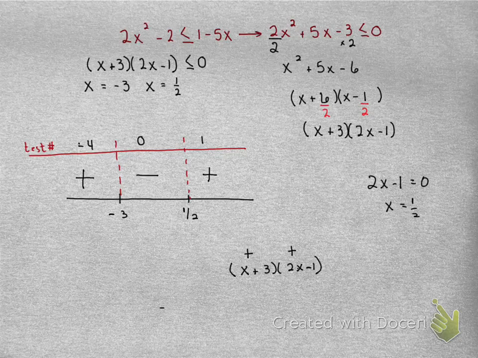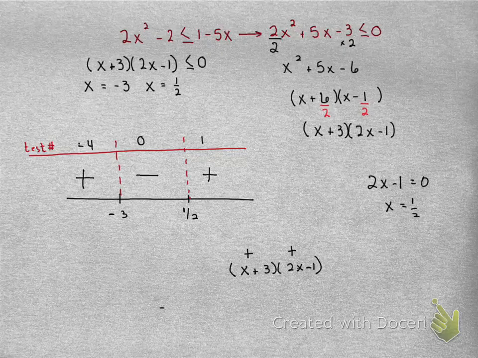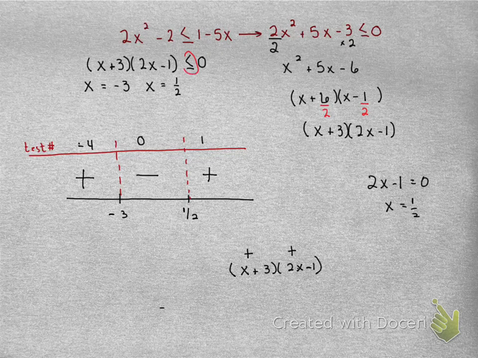Okay, now we got our table filled out, and we're going to go back to our original inequality symbol and choose our values depending upon what that inequality is. Ours is a less than or equal to. So any numbers less than 0 mean that they are negative.